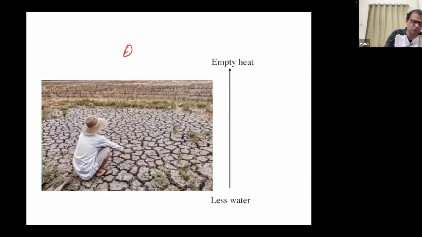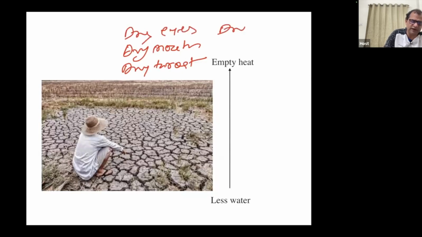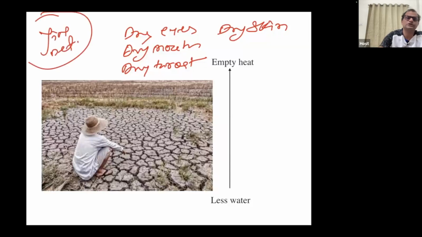So dry mouth, dry throat, dry eyes, dry skin, everything will be dry due to yin deficiency. इसके कारण हर चीज ड्राई होने लगेगी.